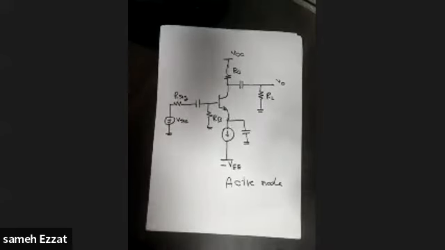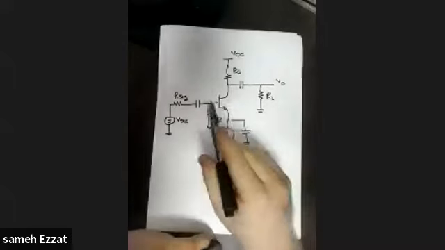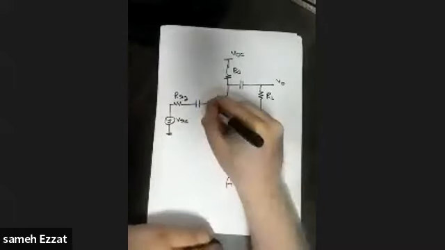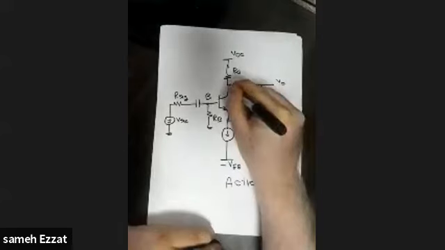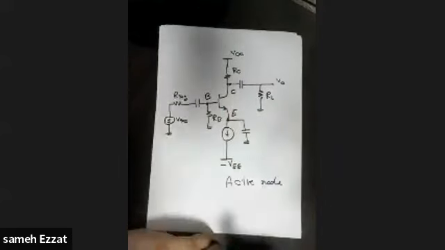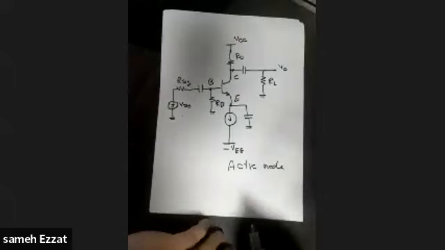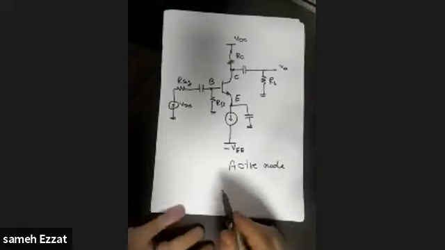What we are going to do, my dear students, is replace this transistor. Here we have the base, here we have the collector, and here we have the emitter. And we are going to replace this transistor by the pi model. If you remember, the pi model looked like that.